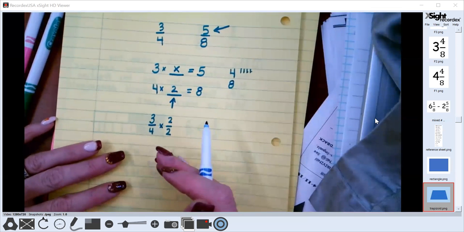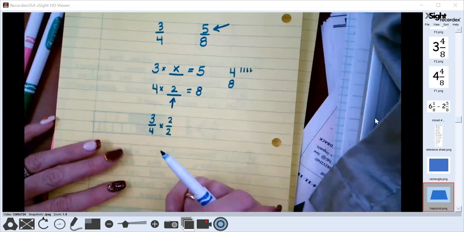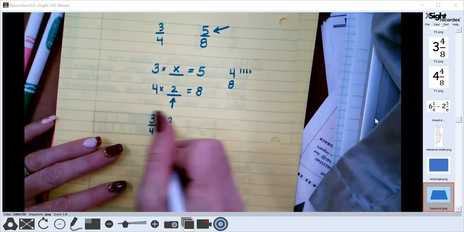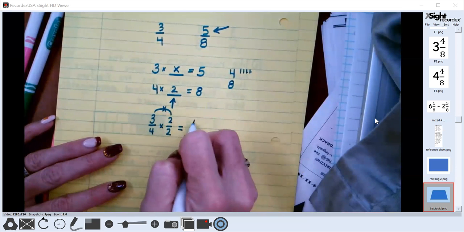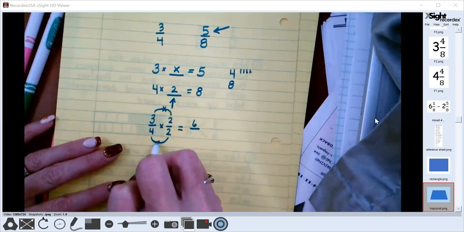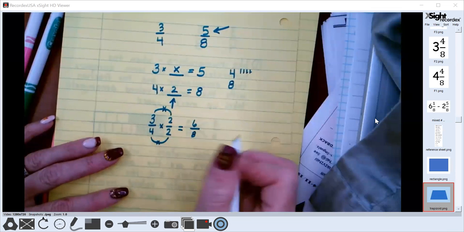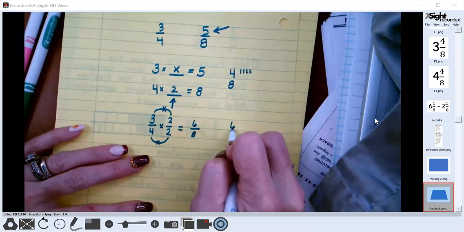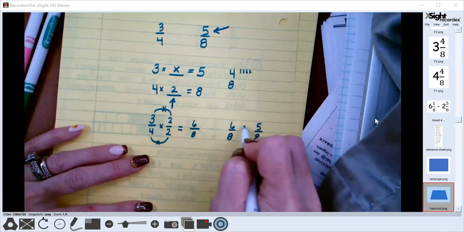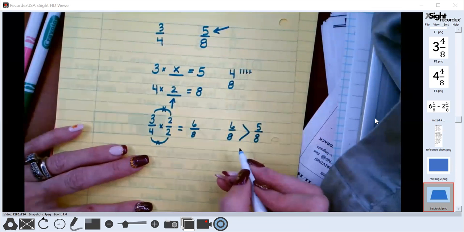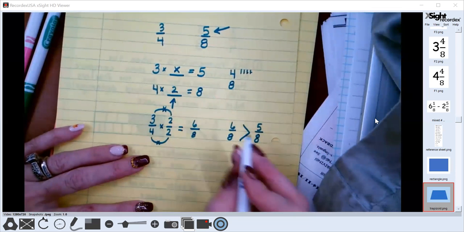It looks different and it'll make it easier for me to compare, but it still takes up the same amount of space as 3/4. 2 times 3 is 6. 4 times 2 is 8. So now I have 6/8 compared to 5/8. The 6 is greater than the 5. So 3/4 is greater than 5/8.